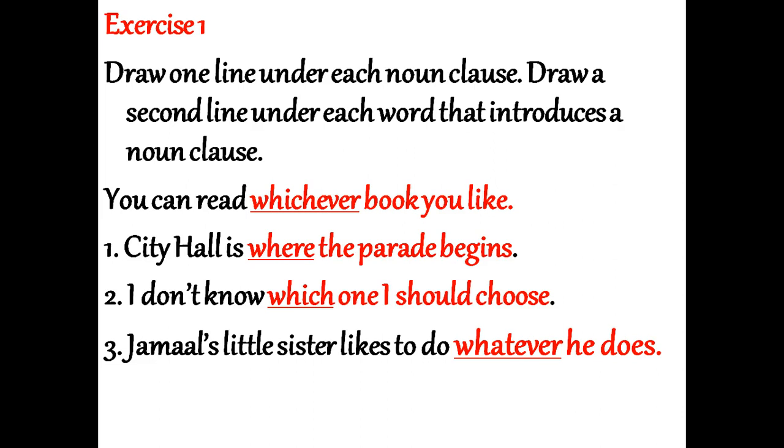You can read whichever book you like. That was the example given in the book. So in red is the noun clause, while the underlined word in the red is the word which introduces the noun clause, like in the example, whichever.